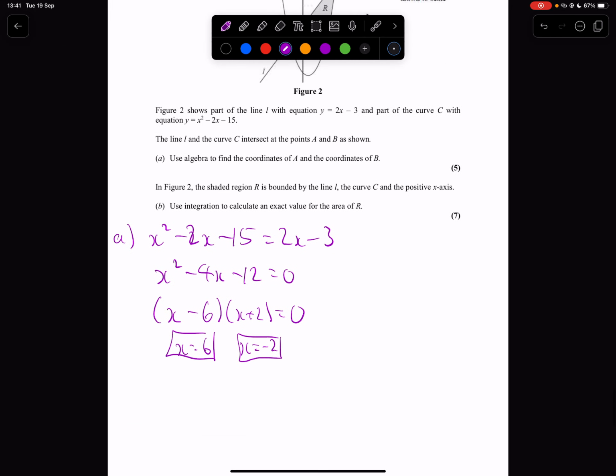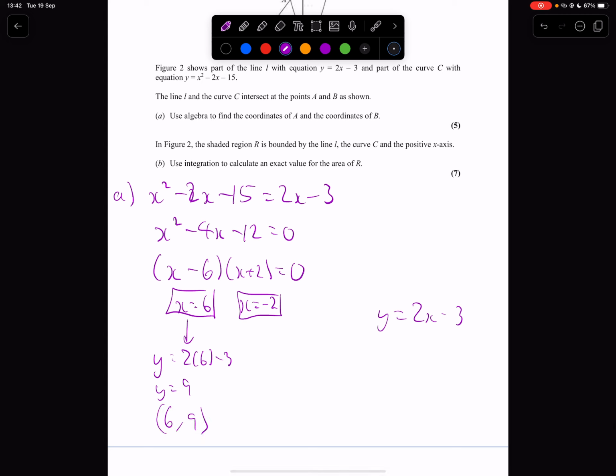So we want coordinates of A, so we also need to find out what the y coordinate is. We might as well use the easier formula to calculate and say, okay, when x is 6, y is 2 lots of 6, take 3. 12 take 3 is 9.